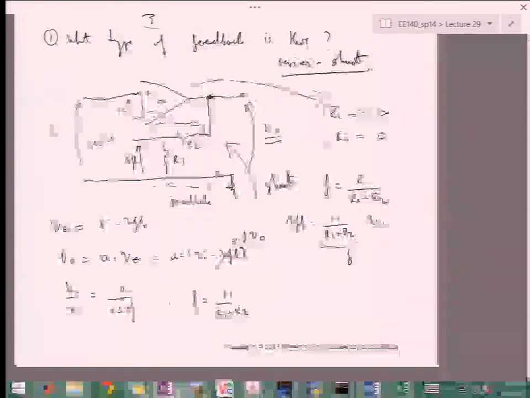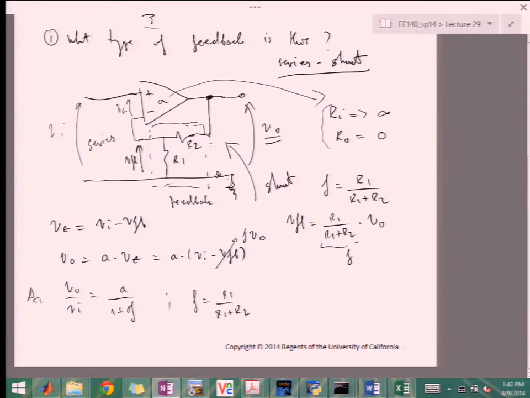Now, for A large, A closed loop will be approximately 1 over F, and that's what we know for the ideal non-inverting amplifier. 1 over F will be 1 plus R2 over R1, right?